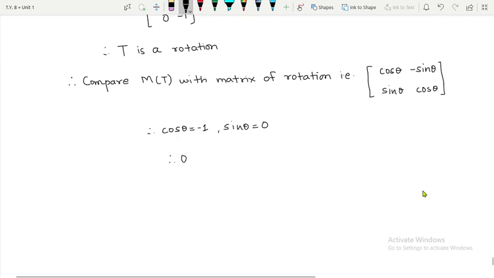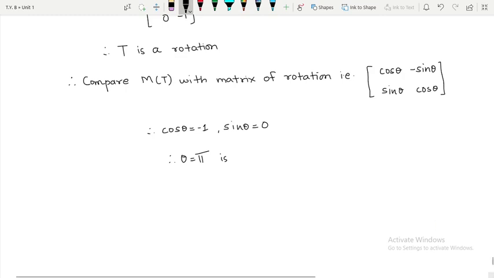Okay, therefore theta is equal to pi, and therefore what is your angle of rotation? Theta is equal to pi is the angle of rotation. Now, I will not say "the" angle of rotation, because if you add 2 pi to it, it is still going to be an angle of rotation.